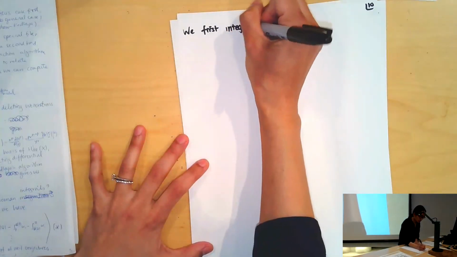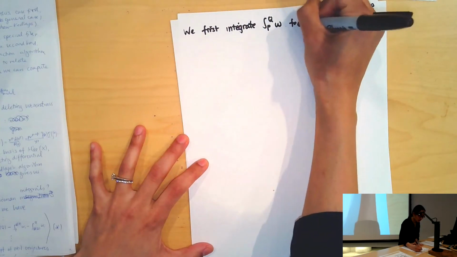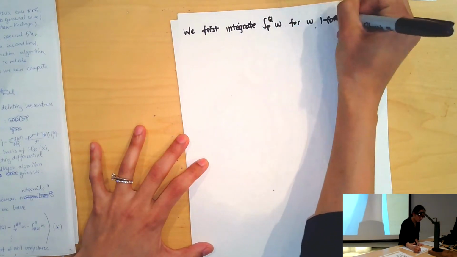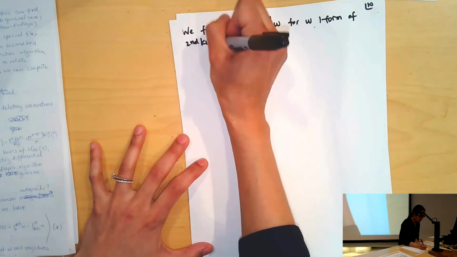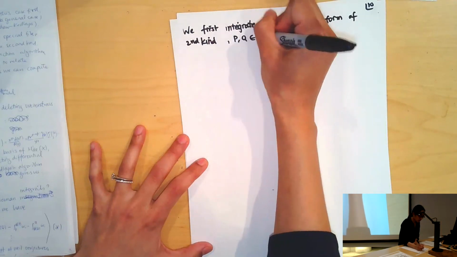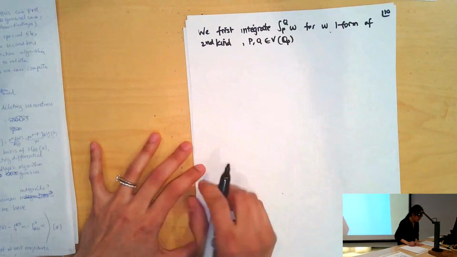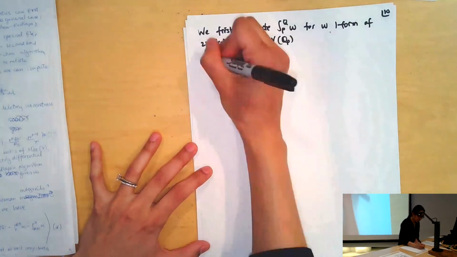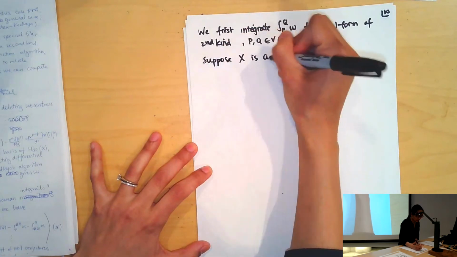So the integral from P to Q of omega, for omega a one-form of the second kind, so residue 0 everywhere. And here I'll assume, just to make things easier, that these are Q_p points on my curve. And I'll suppose that X is a hyperelliptic curve.